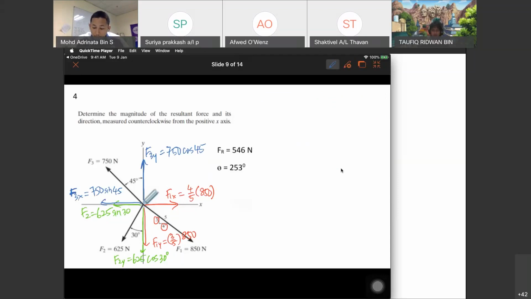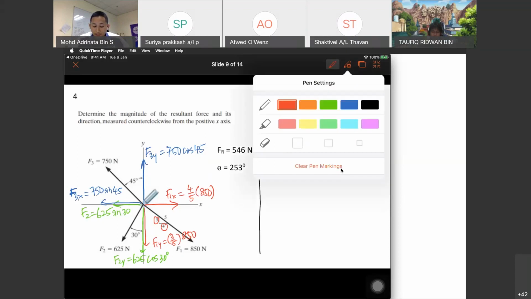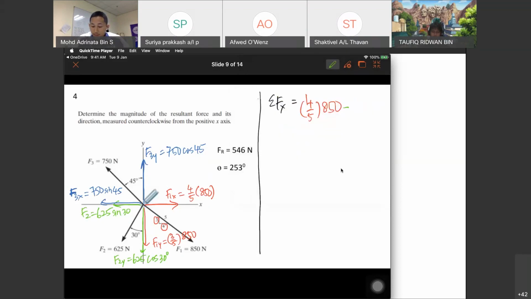So we need to do Fx and also Fy. For Fx, we have F1, 4 over 5 times 850, and then the others will be negative: negative F2, minus 625 sine 30, and the final one, 750 sine 45.